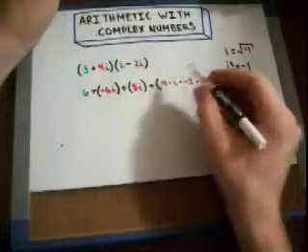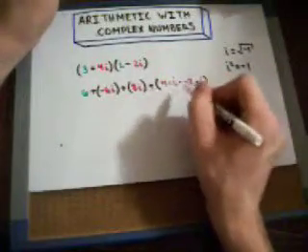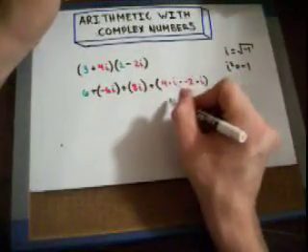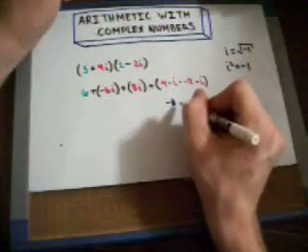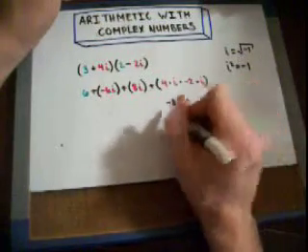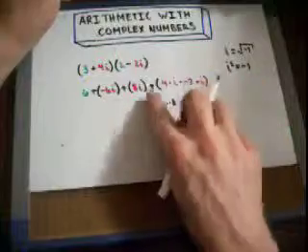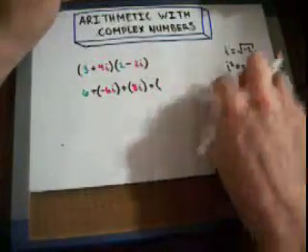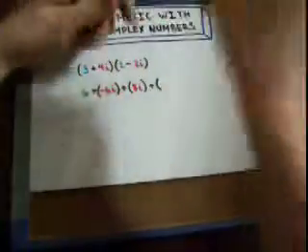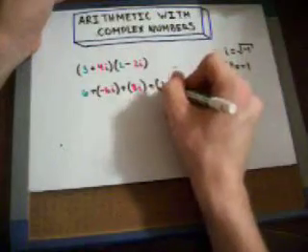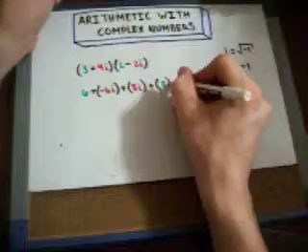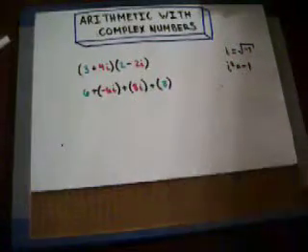Well, what happens here? 4 times negative 2 is going to equal negative 8. i times i is just going to equal negative 1. Negative 8 times negative 1 is just going to be 8. So all of that is just going to equal 8. And I wrote it in green because it's a real number and not an imaginary number.